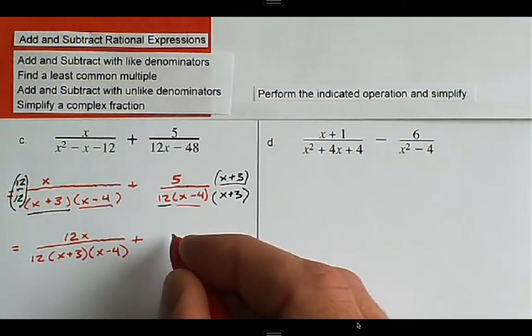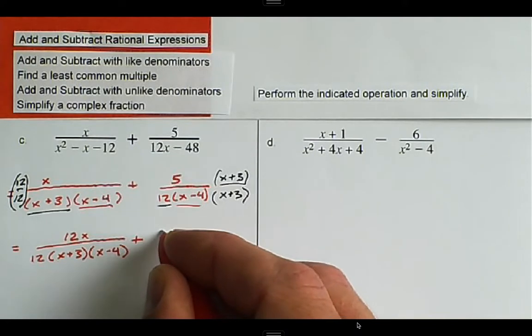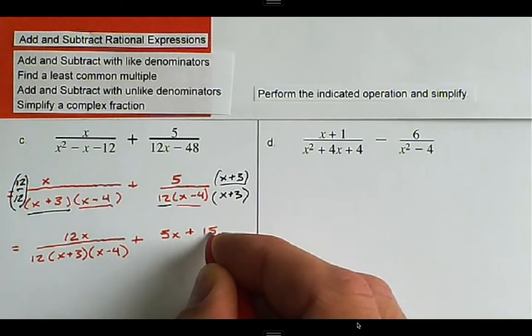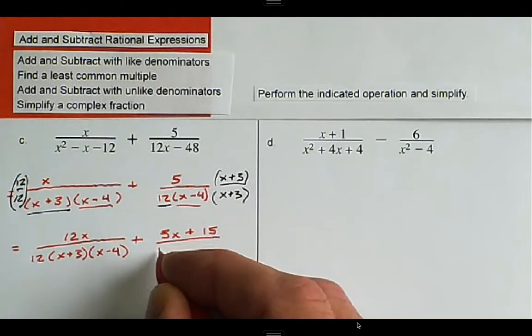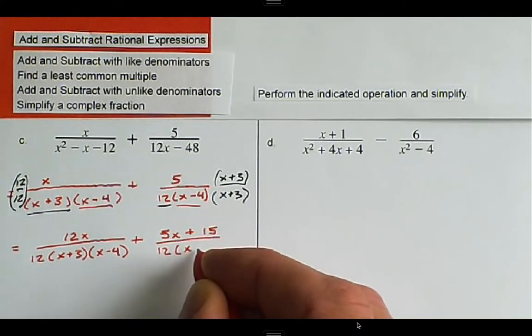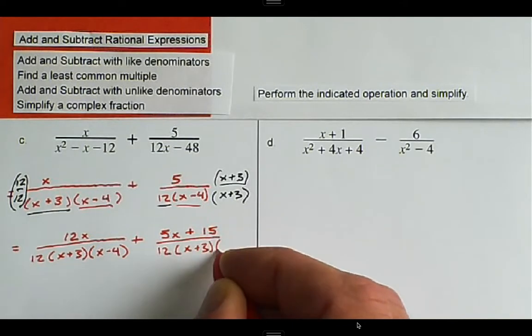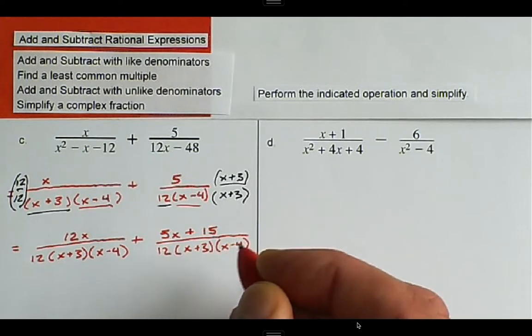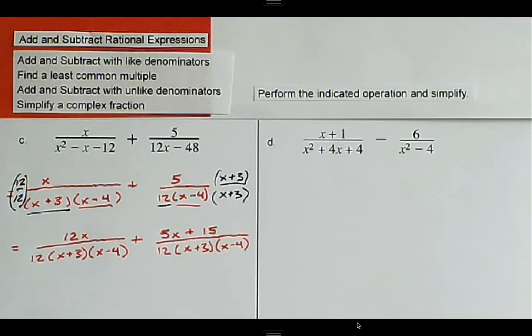And then we have 5x plus 15, over 12 times x plus 3 times x minus 4. So then we have a common denominator.